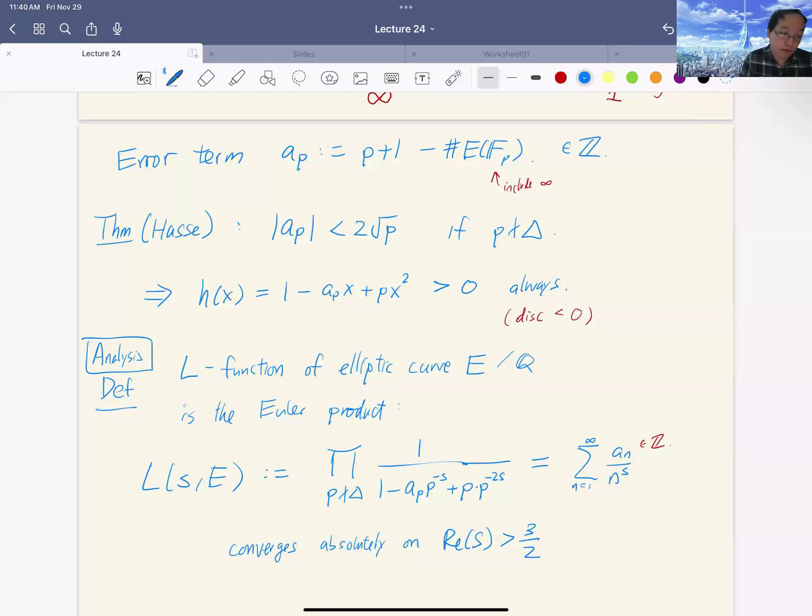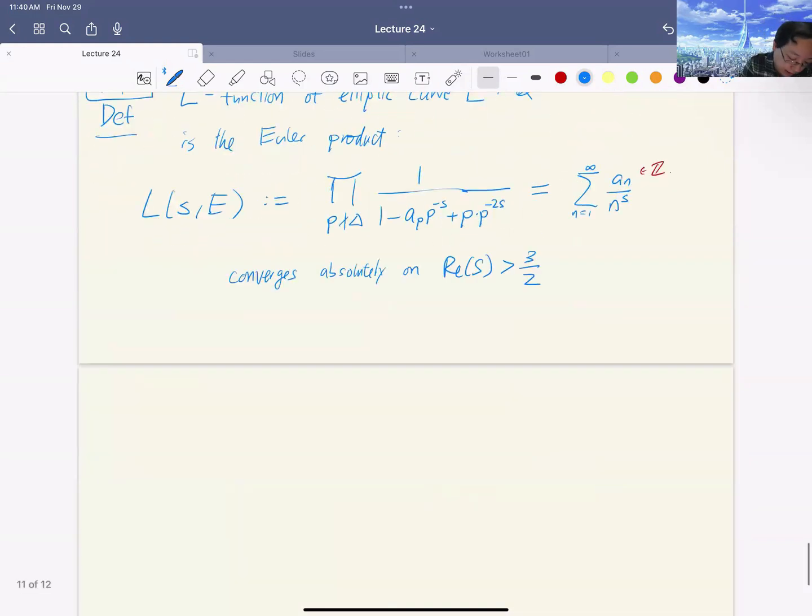And the very recent result, less than 20 years ago, says that this function can actually be continued to s equals 1 in general. Just like your theta function can be continued to the whole complex plane, this is much harder to analyze, but it turns out that you can continue to s equals 1.